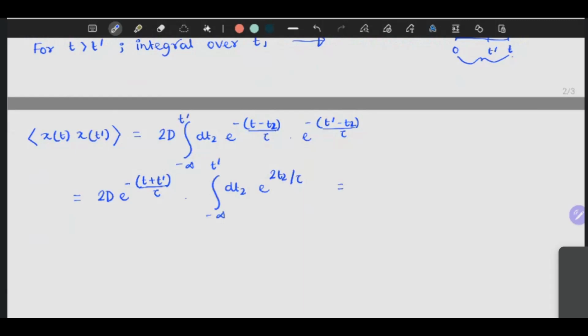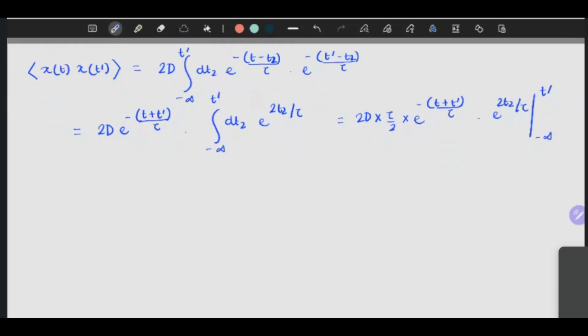Now if you do the integration, then it becomes 2D times tau by 2 times e to the power minus (t plus t prime)/tau times e to the power 2t2/tau, where t2 goes from minus infinity to t prime.